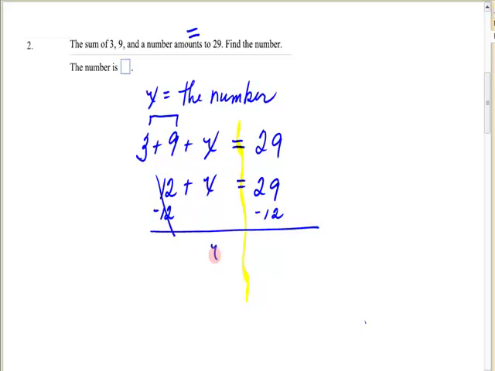That's gone. I have x is, when I subtract, I get 17. And you could check that. In MathLab, the only thing you're going to do is type in the 17. But in where you write your notes and take care of your work, you need to show all of this.